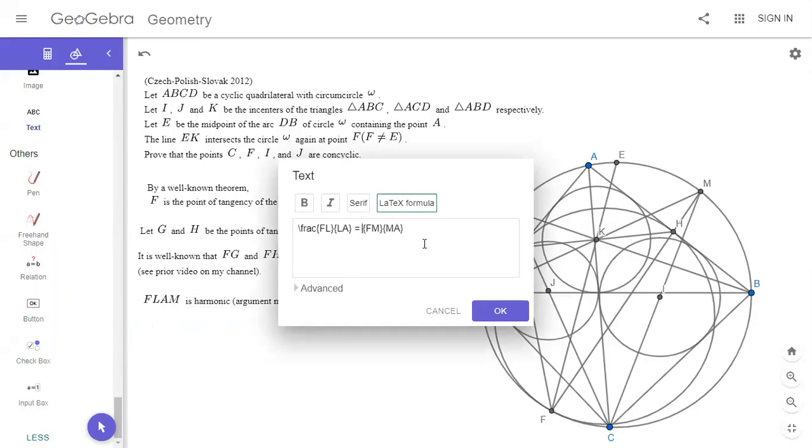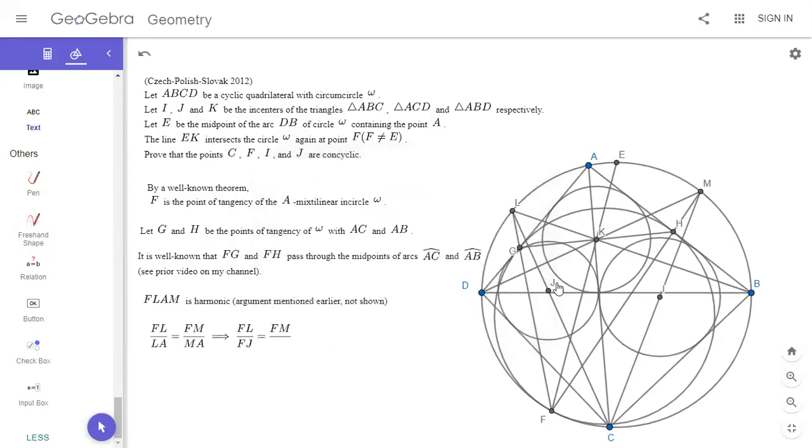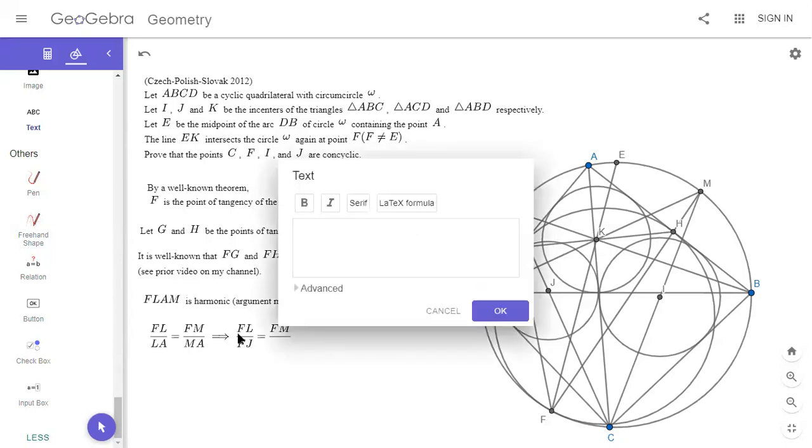And that means that FL over FJ is equal to FM over, let's see, what am I doing? FL over LJ is equal to FM over MI. This should be FL over LJ.